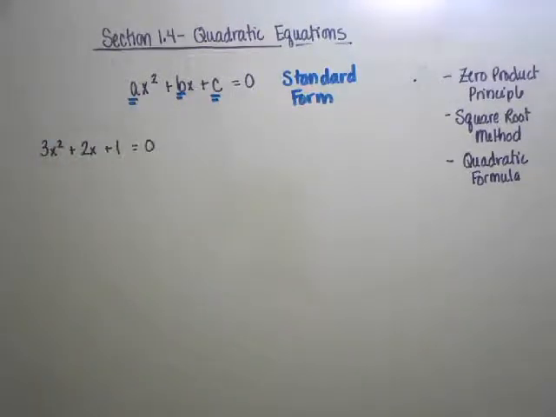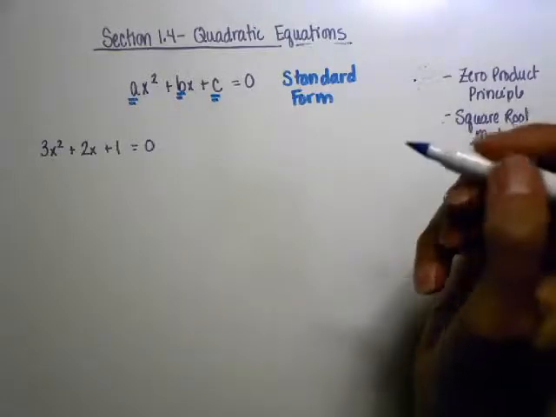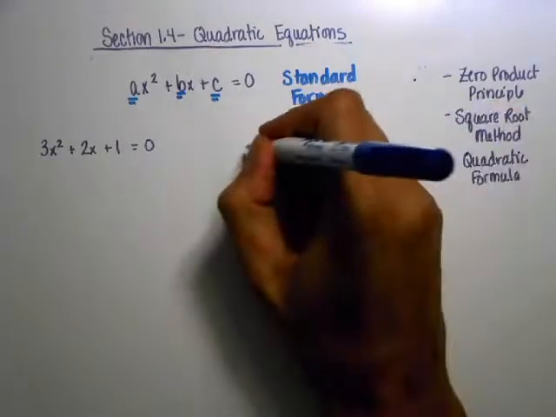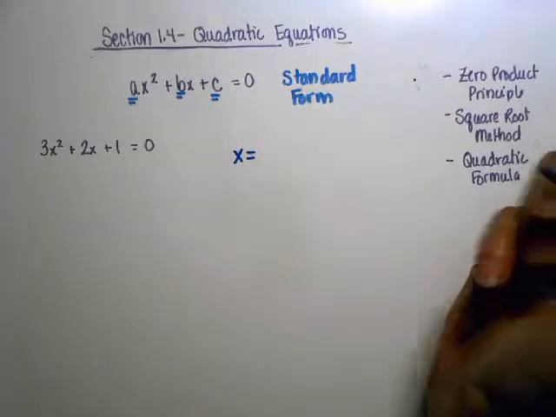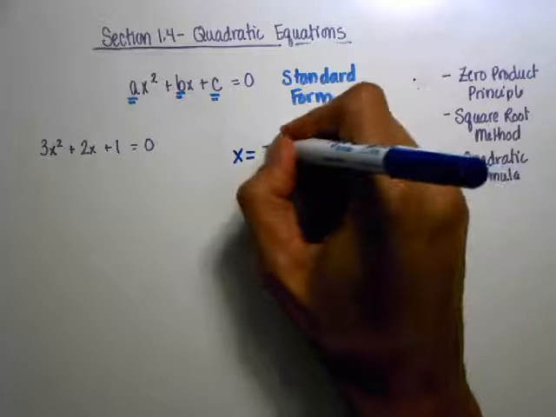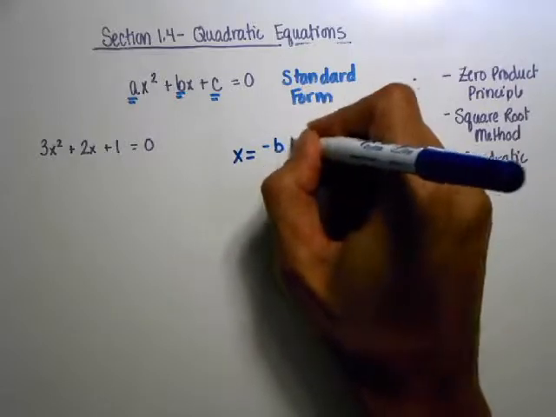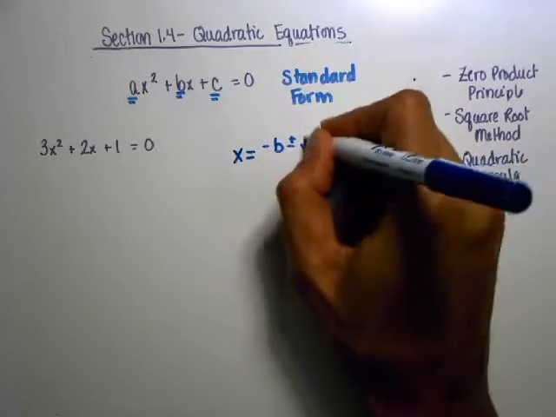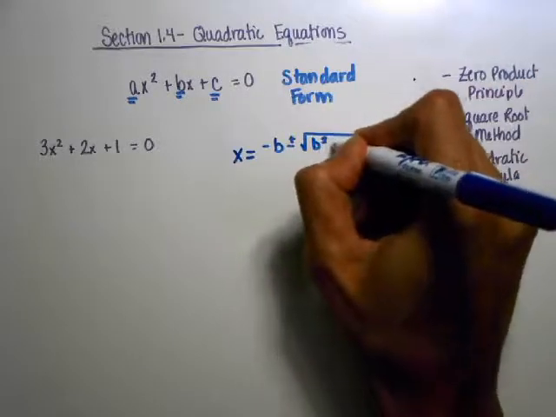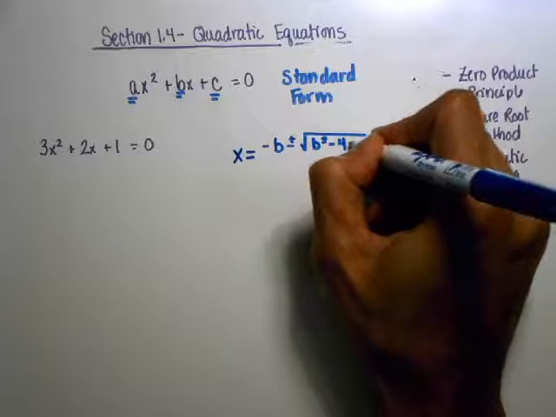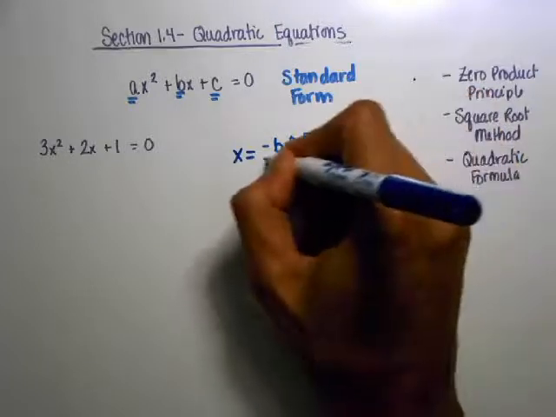You were taught the quadratic formula in a previous course, and the quadratic formula looks like this. x will equal the opposite of b plus or minus the square root of b squared minus 4 times a times c, all divided by 2a.